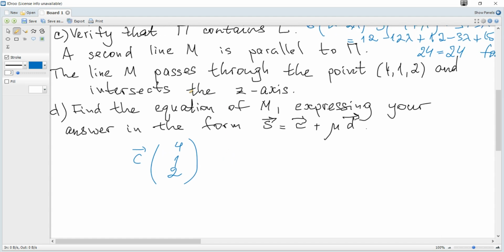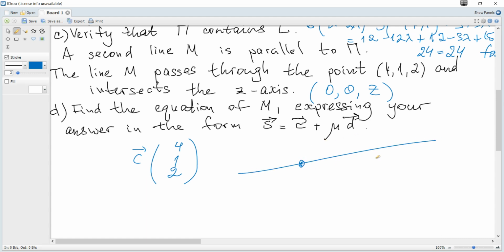And if line M intersects the z-axis, it means that a point 0, 0, and some z coordinate, which in general may be 0, so a point 0, 0, z lies on our line.